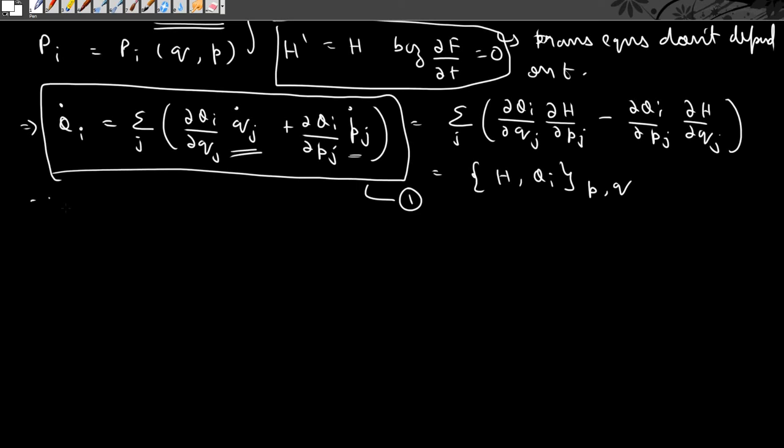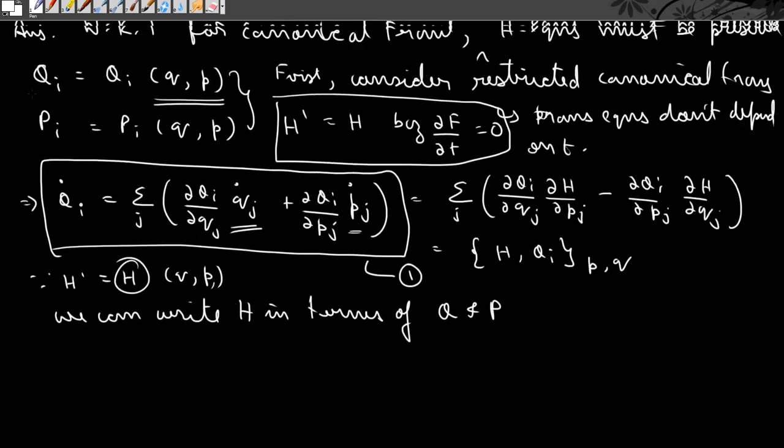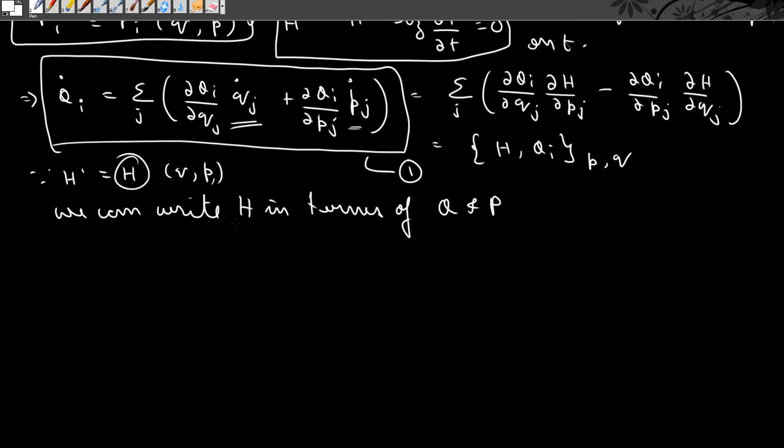Now since H dash is equal to H, we can write our Hamiltonian in terms of Q and P. Initially our H will be a function of q and p and t of course, but we can always invert these transformation equations and write our old coordinates in terms of the new coordinates, and that is what I mean by writing H in terms of Q and P. Writing it in this form, we can calculate dou H by dou P_i.